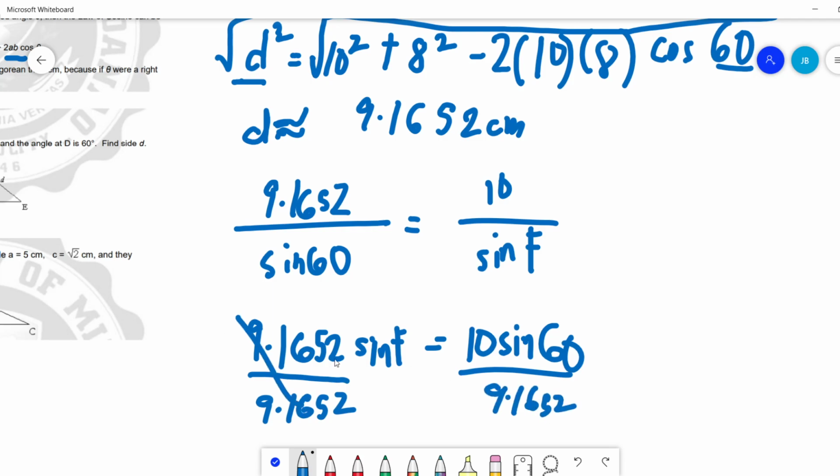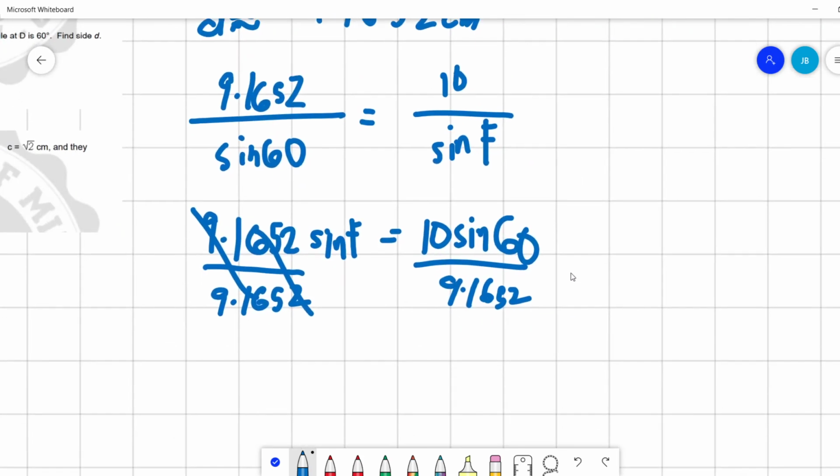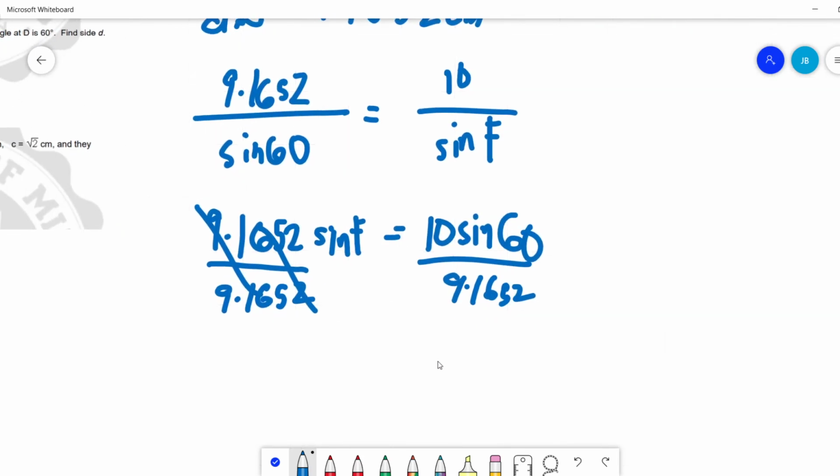So this will be a value of 1. And then to get the value of F, you're going to get angle F rather, you're going to use the inverse trigonometric function.